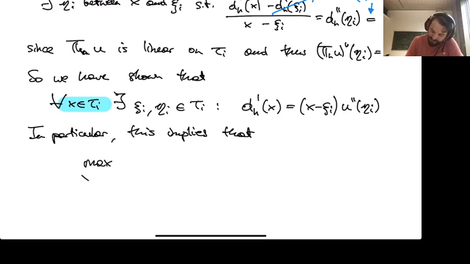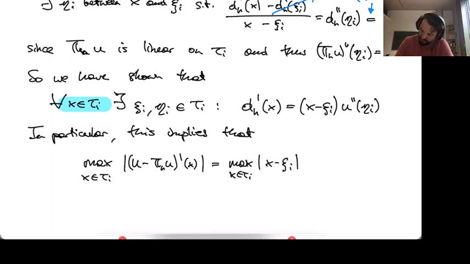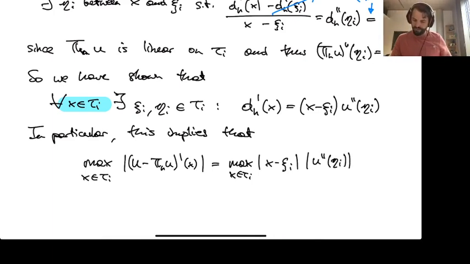So for an element tau I, we know now that the maximum of u minus pi h u primed in modulus of x is equal to the maximum over x in tau I modulus x minus xi I times modulus u double primed of eta I. So we can obviously bracket this because the u double primed of eta I doesn't depend on x.